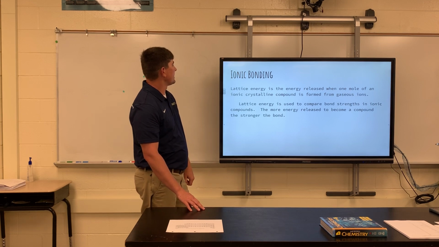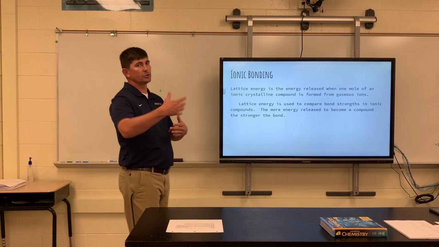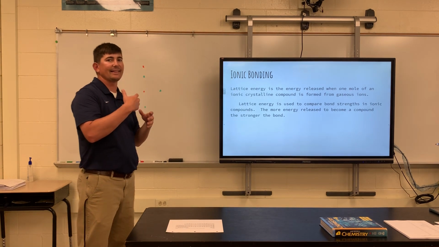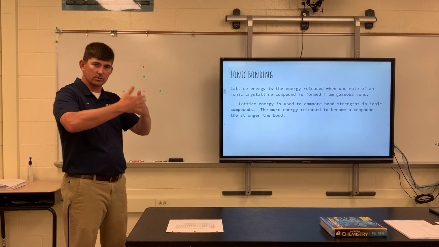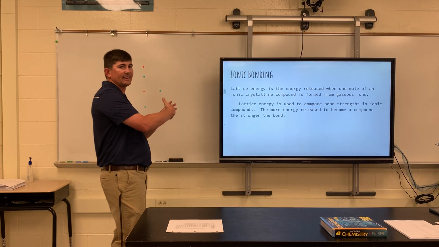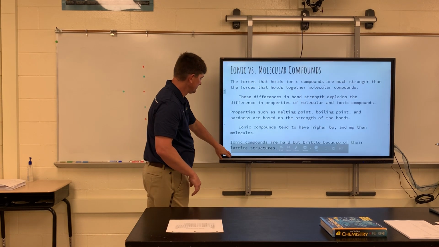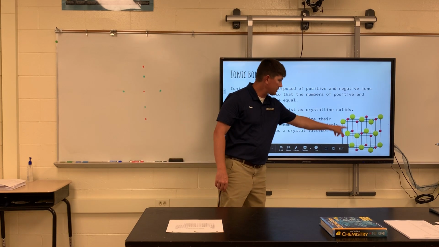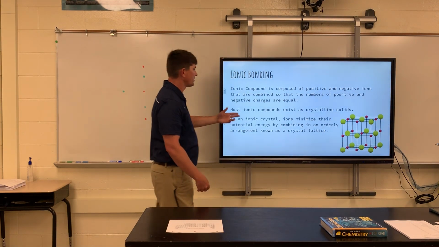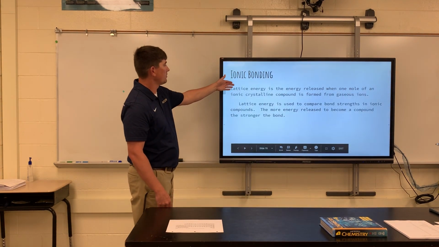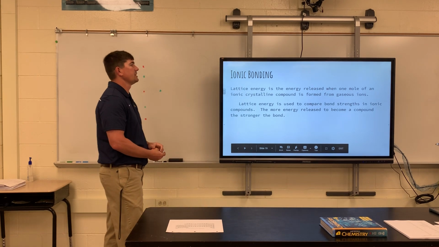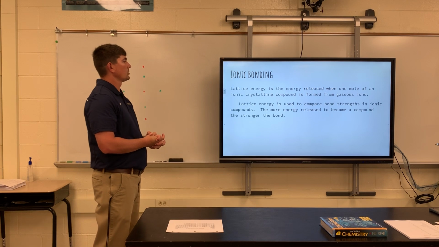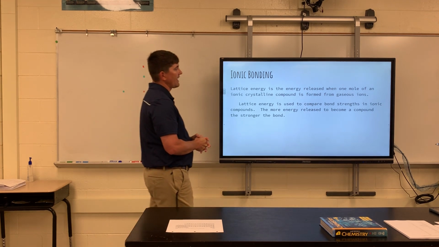Let's see. The lattice energy is similar to bond energy, but with ionic compounds, we refer to it as lattice energy because the crystalline solid is that lattice. That crystal lattice structure that we talked about here. Okay, so that's where we get the term lattice energy. Lattice energy is the energy released when a mole of ionic crystalline compound is formed from the gaseous ions.